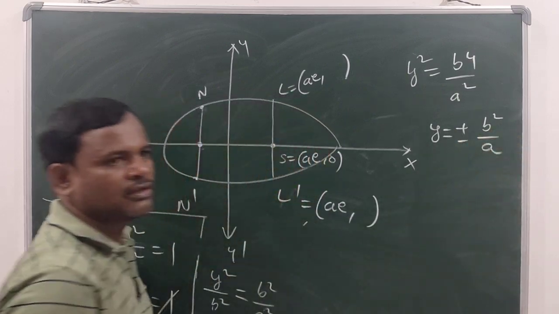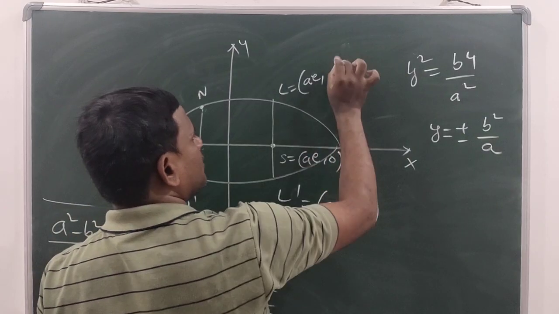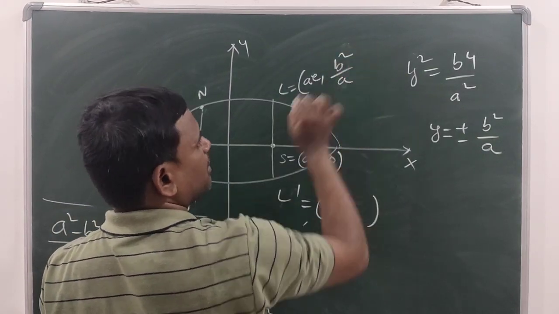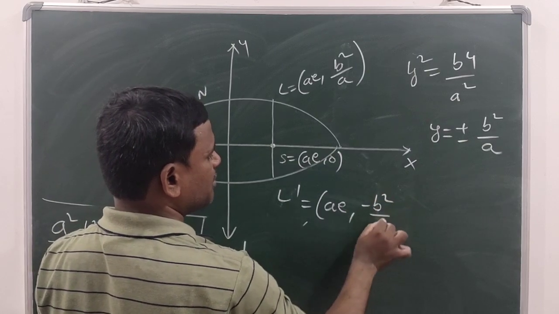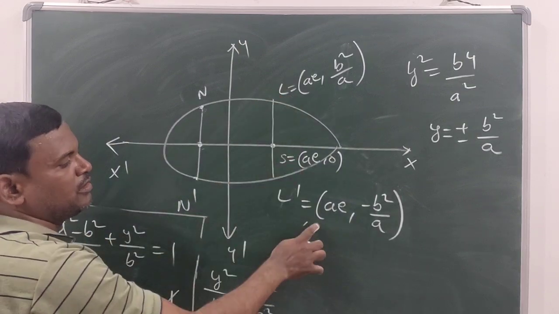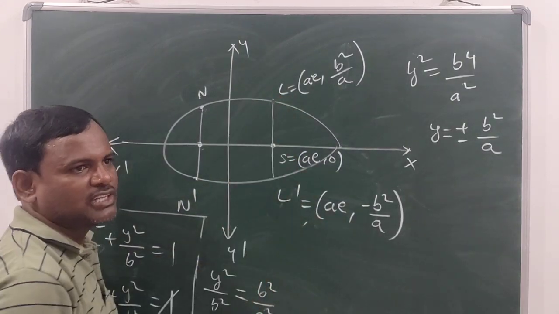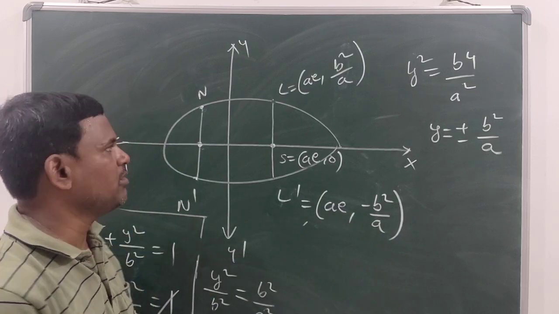Now you got two values for y, so one you have to write here b square by a, and one more here you have to write minus b square by a. Now see, you got the end points of this latus rectum: (ae, b square by a) and (ae, minus b square by a).